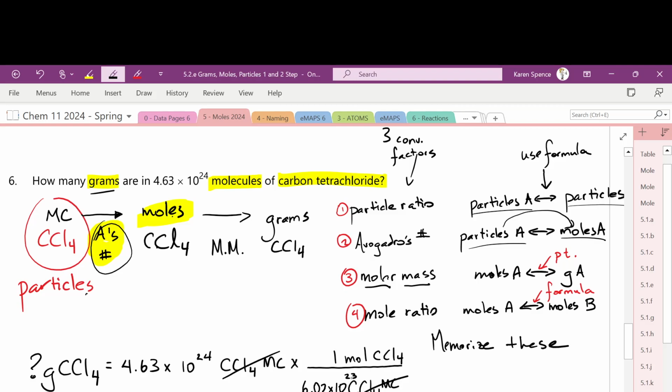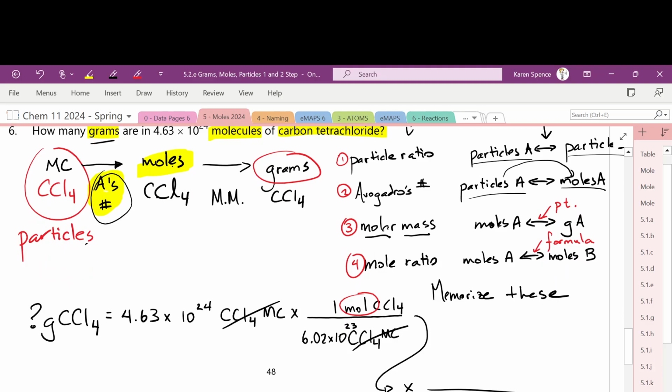I've run myself out of room because I wrote memorize these, so I'm going to go down here and do the rest of them. Now we want to convert from moles to grams. I'm starting with moles. Where does moles have to go in my conversion factor? It has to go on the bottom. And I want to find grams of CCl4, so grams of CCl4 go on the top.